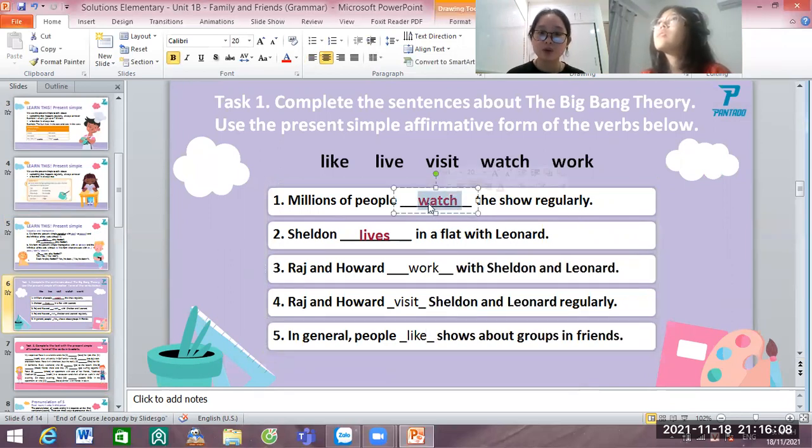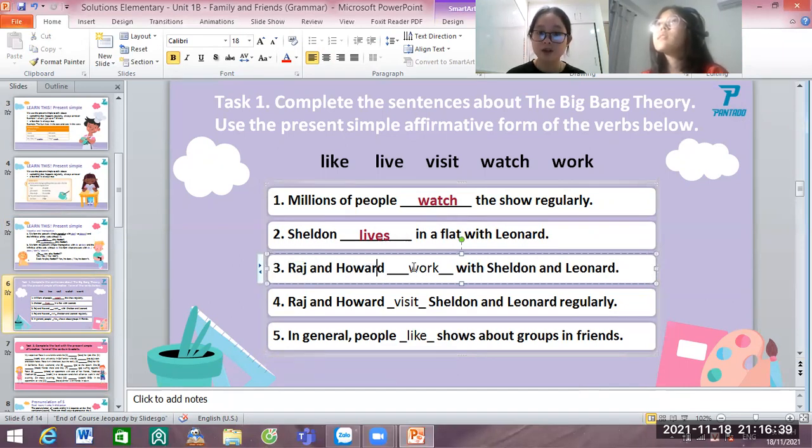This verb, we don't need to change the form because the subject here is millions of people, which is a plural noun. The plural noun, we don't need to change the form. The second one, Sheldon, the singular noun, we need to change the form by adding the S sound. The third one, we have two people here, so they're plural.